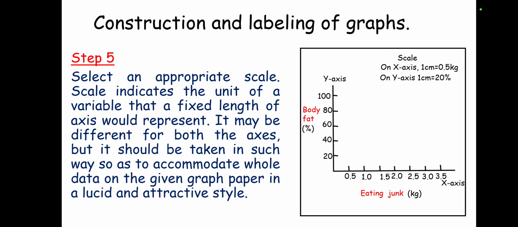Similarly, on the y-axis, we can write 1 centimeter is equal to 20%. So in this manner, you need to write the scale. And values you need to select in such a manner that all the values get accommodated over here, and it should be very lucid and attractive as well. It should not be jumbled. Fine. So this is the way to draw a graph.